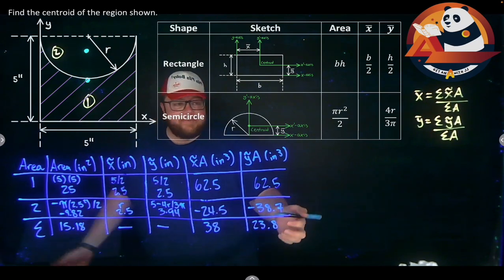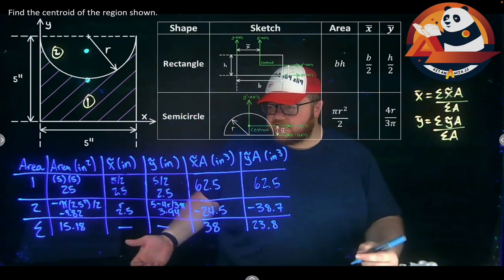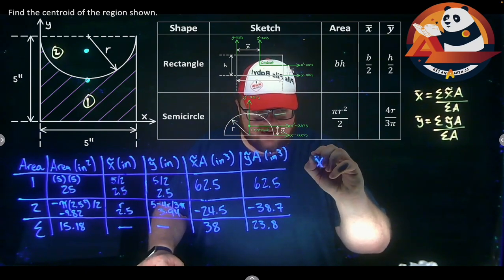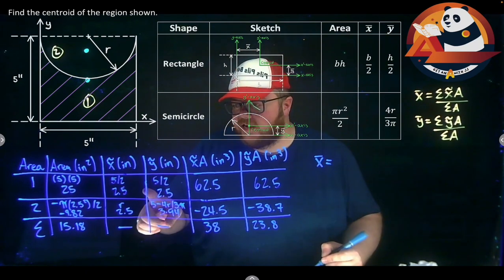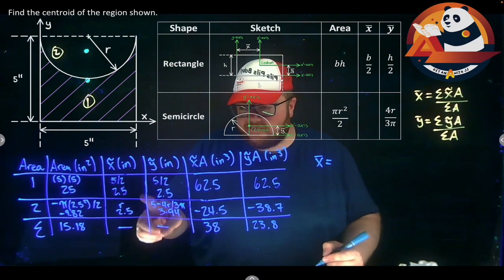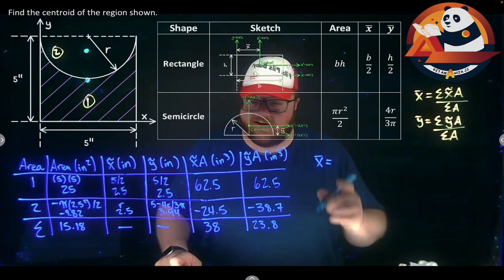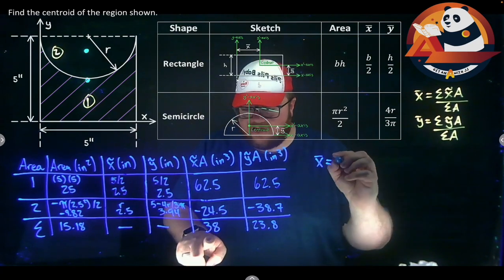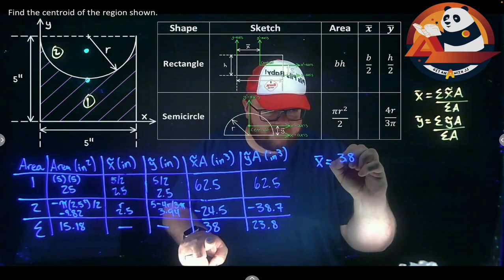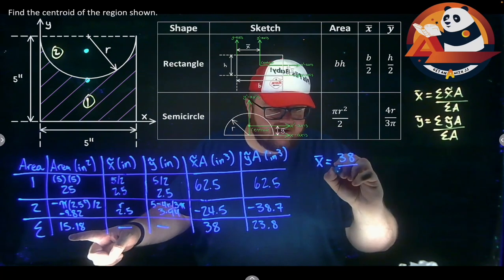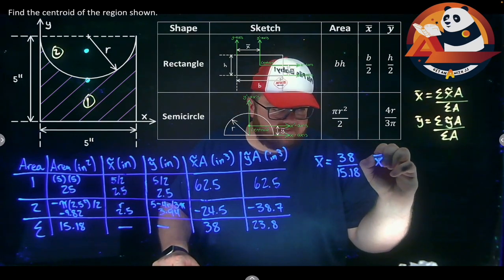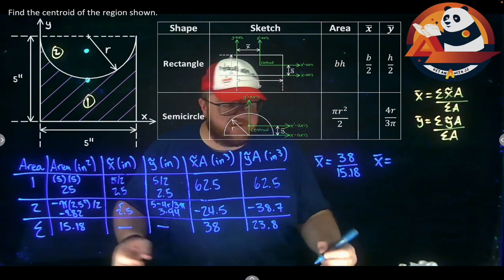And that gives me enough that I can come in and find centroids. That my x bar should be, before we even check that, logically, if x tilde, the centroid of every piece in this object, is at 2.5, x bar should end up being there too. That's what we're going to see. Our x tilde a, 38, divided by our total area, 15.18, is going to get us that x bar is 2.5 inches.